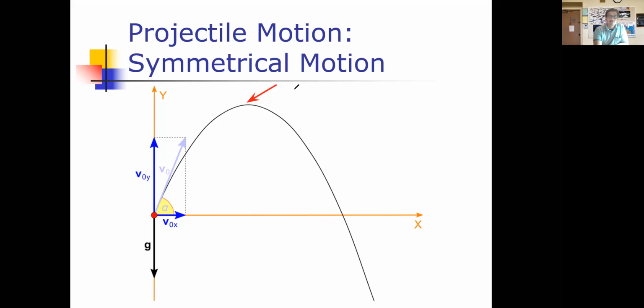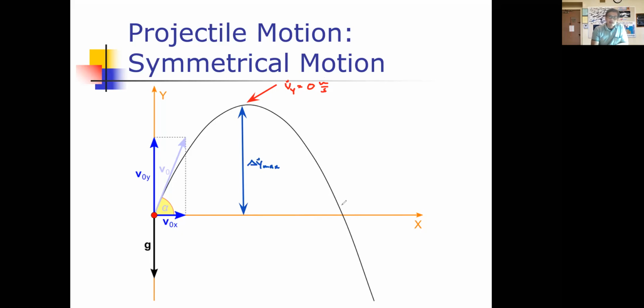Therefore, the velocity on the y is going to be 0 meters per second. This represents the delta y max, the maximum height that it's going to reach. That's where it starts its descent at this point.